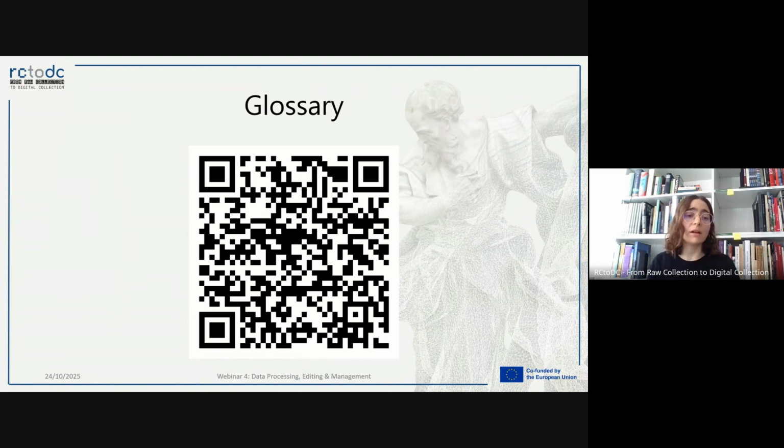It will take you directly to our website, where you can view or download the glossary at your convenience. Also, please note that this glossary is subject to updates and revisions. As technologies related to 3D model processing, editing, and management continue to evolve, new terms may be added and existing definitions adjusted to reflect current practices and advancements in the field.